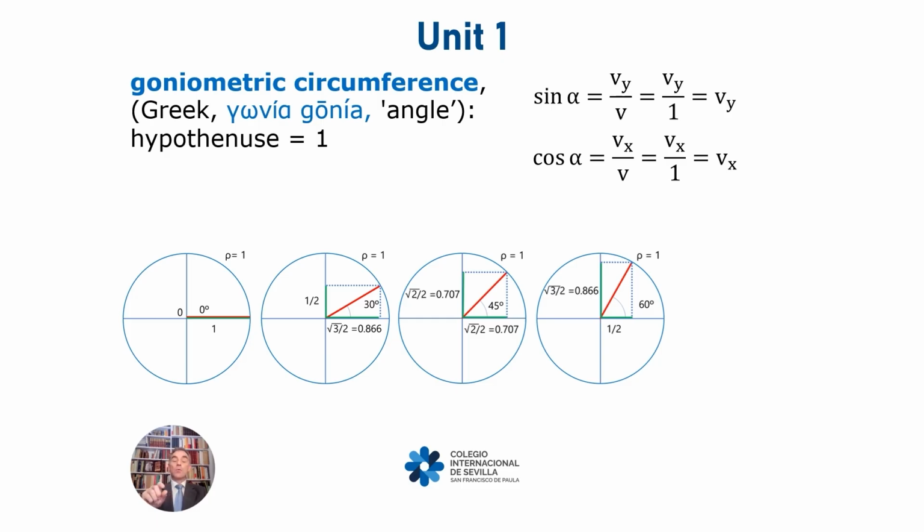And when we reach 90 degrees, the horizontal projection is 0 and the vertical projection is 1. Therefore, the sine of 90 degrees is 1 and the cosine of 90 degrees is 0.